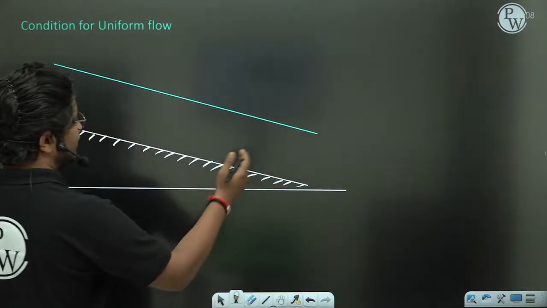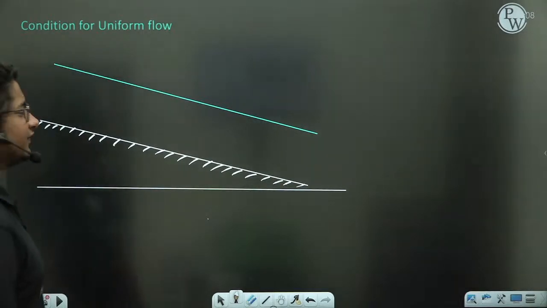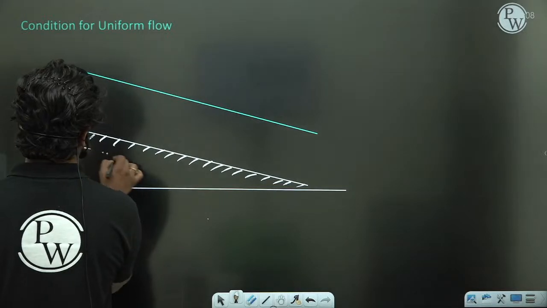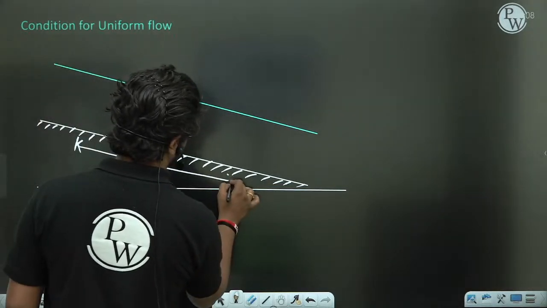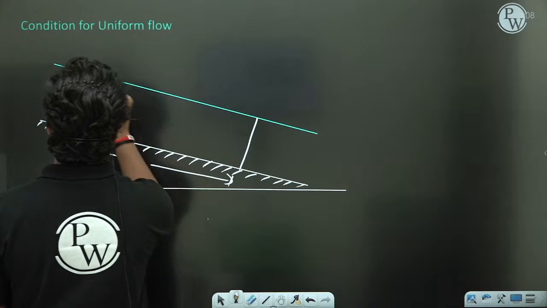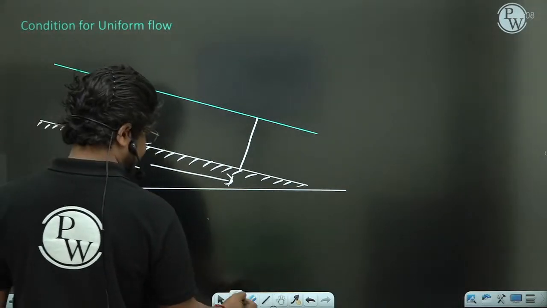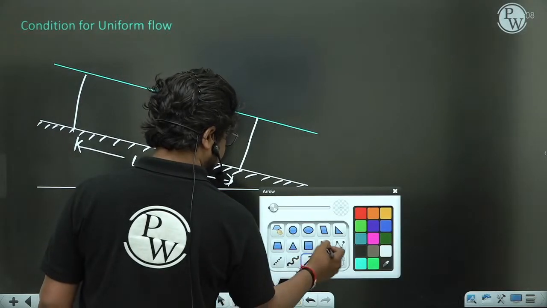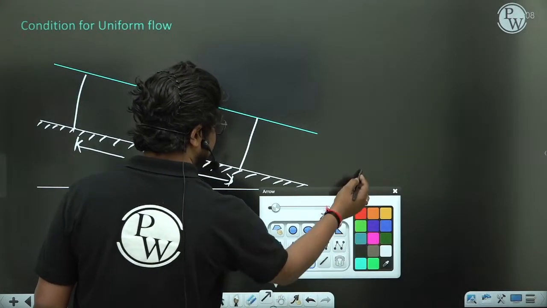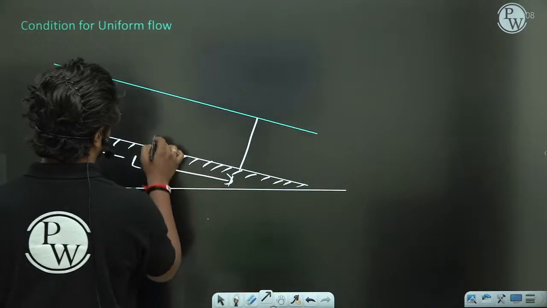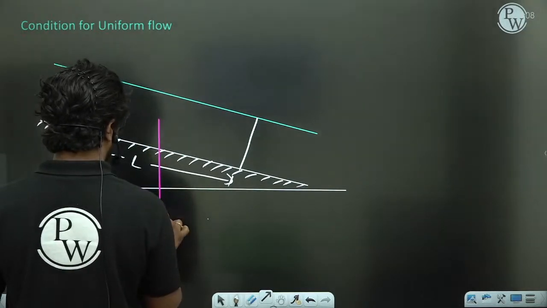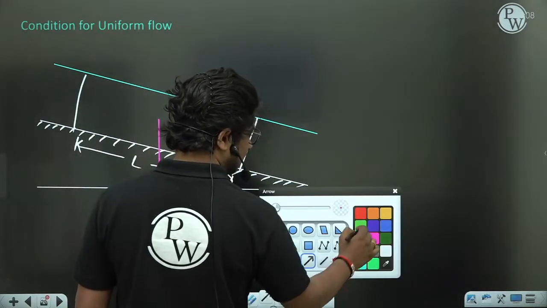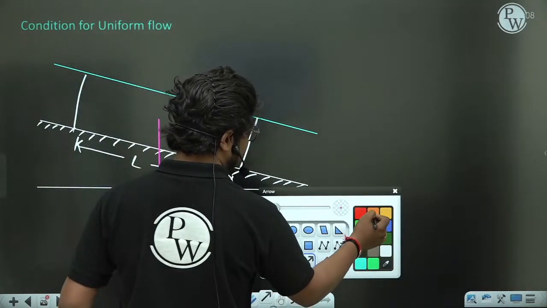So a particular stretch of the river I am taking, a particular stretch of any flow. For example, L length I am taking. This length I am talking about. So in this length, you will have a weight of this water or weight of this liquid mass.